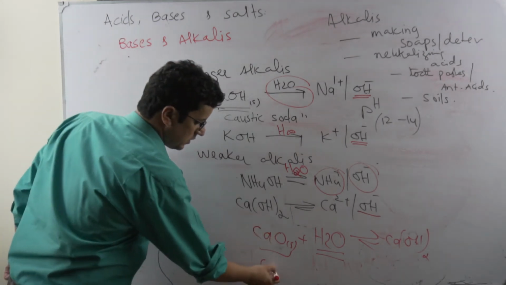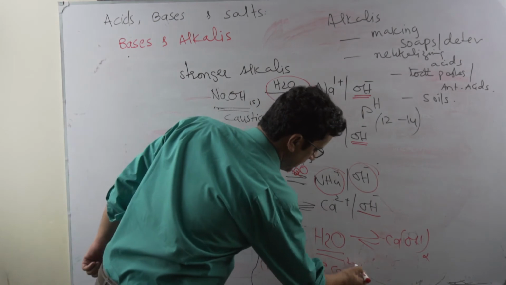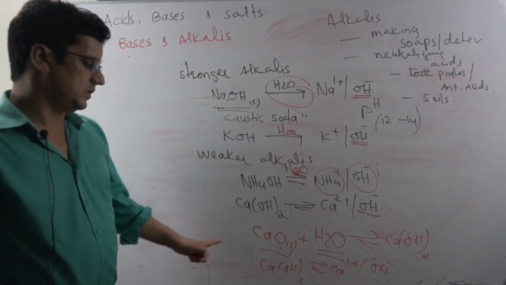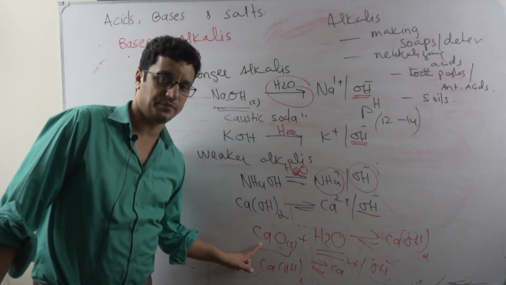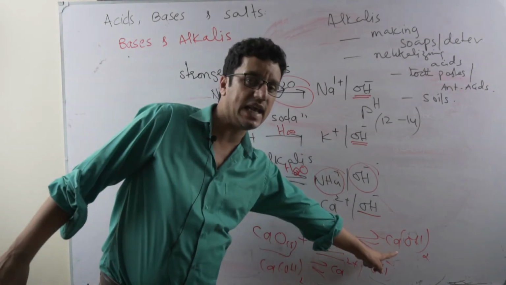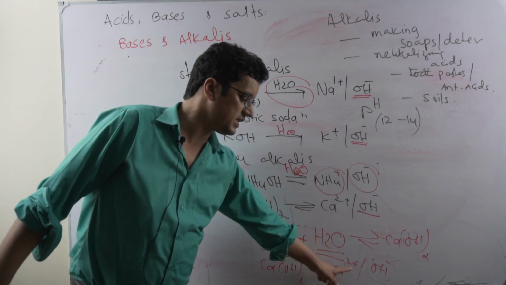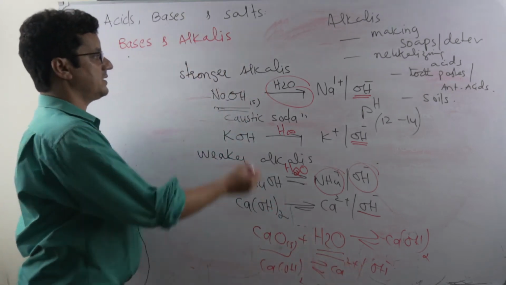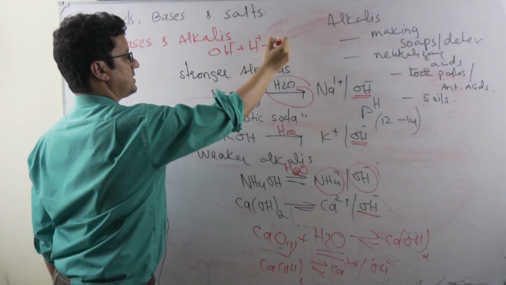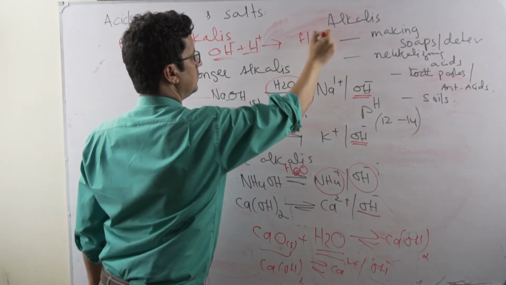This calcium hydroxide in the soil dissociates and provides calcium ions, but the important thing is the hydroxyl ions. So calcium oxide, the quicklime, reacts with water in the soil to produce slaked lime. This slaked lime stays in the ionized form and provides the hydroxyl ions. The soil's H positive ions and the hydroxyl ions from the alkali, the slaked lime, turn to water.